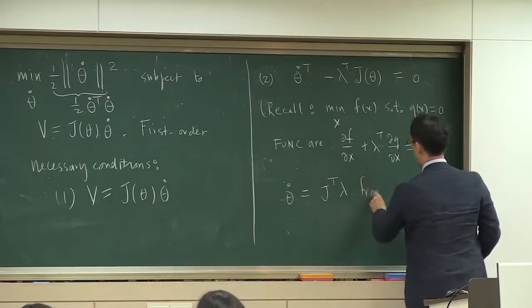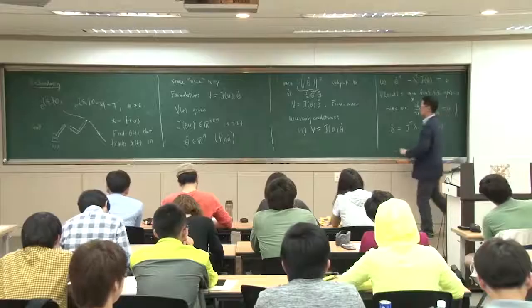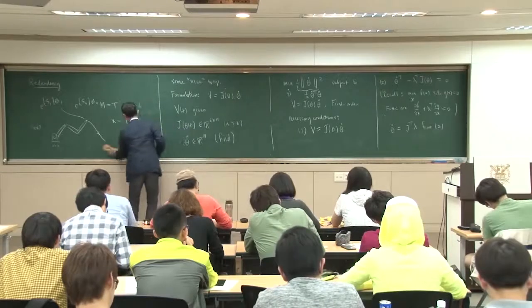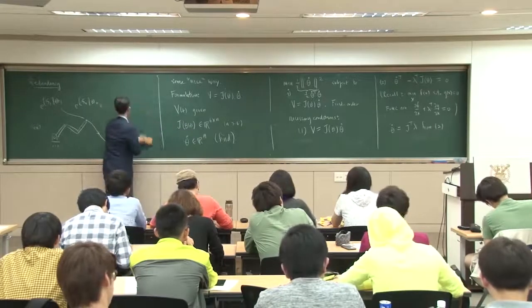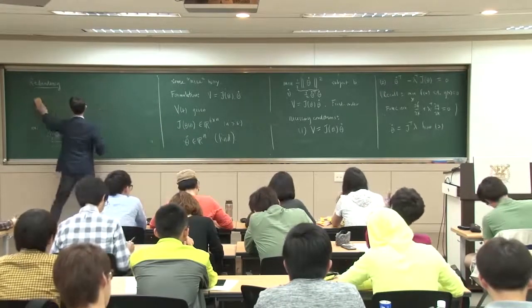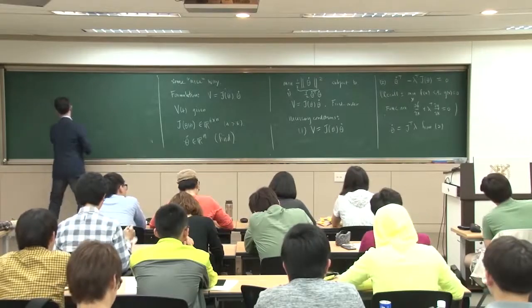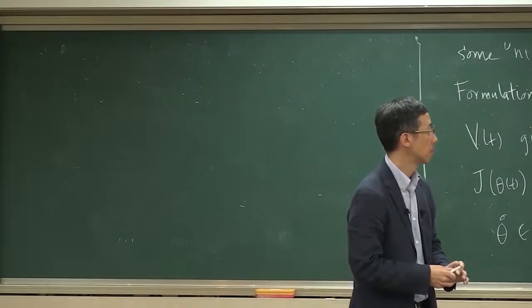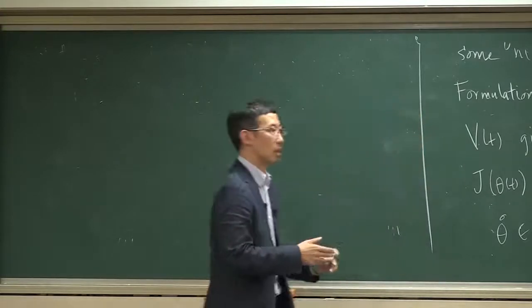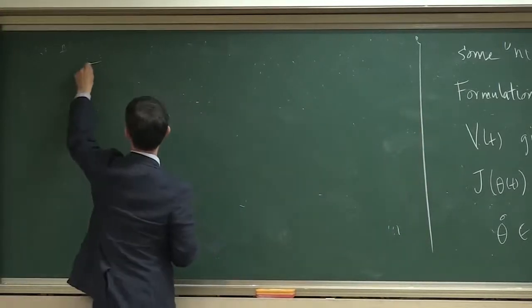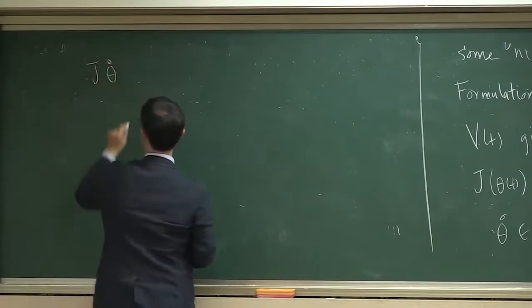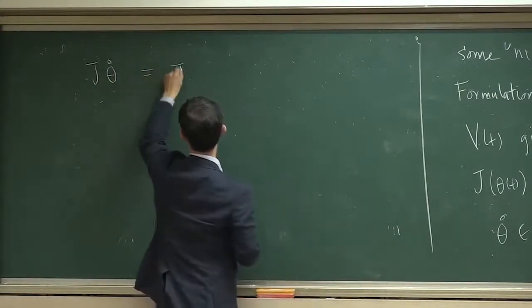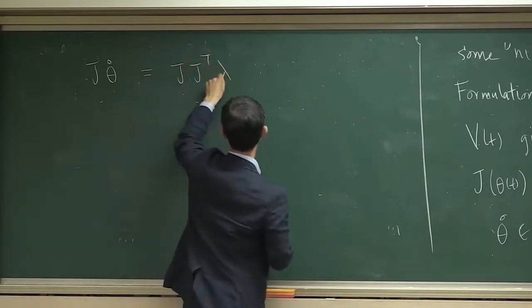From equation 2. Now let me multiply both sides of the equation by J. So J theta dot is equal to J times J transpose times lambda.